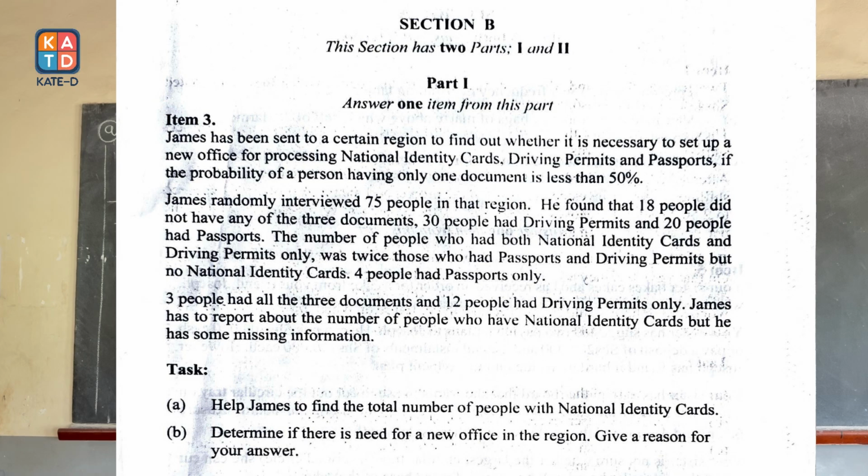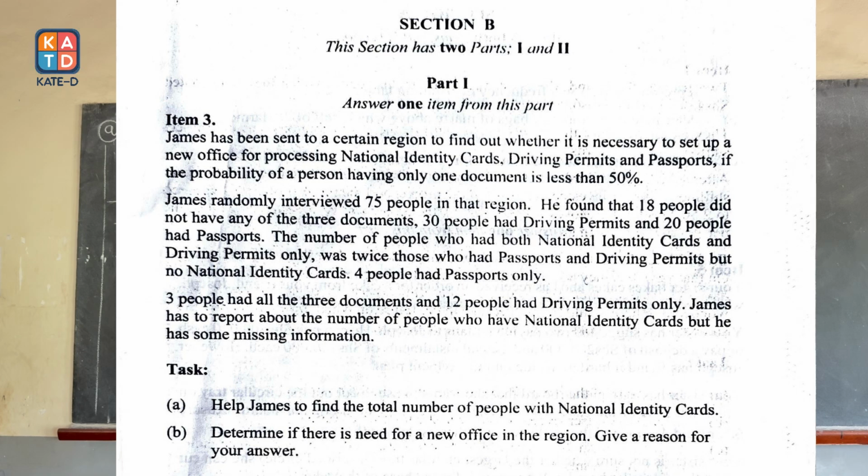The number of people who had both national identity cards and driving permits only was twice those who had passports and driving permits but no national identity cards. 4 people had passports only, 3 had all the 3 documents, and 12 had driving permits only.